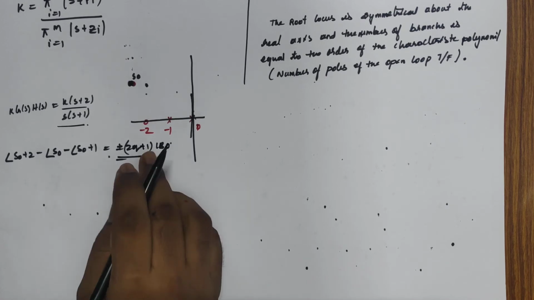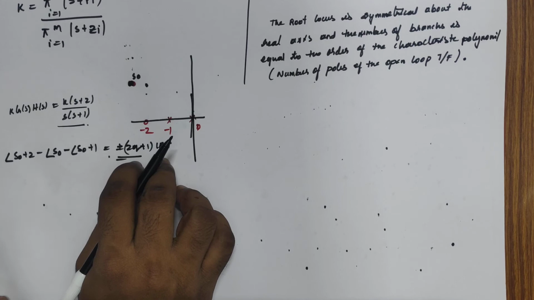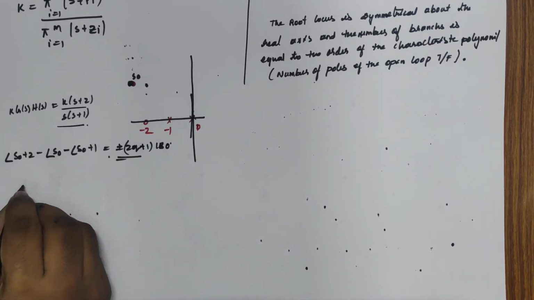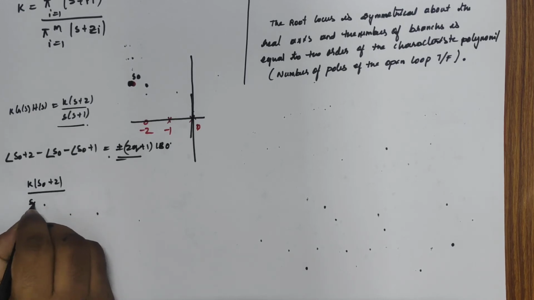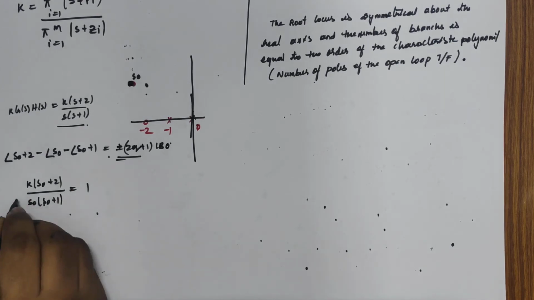So it will satisfy some value. And to find the k value, the magnitude of k times (s0 plus 2) by s0 into (s0 plus 1) should be 1.